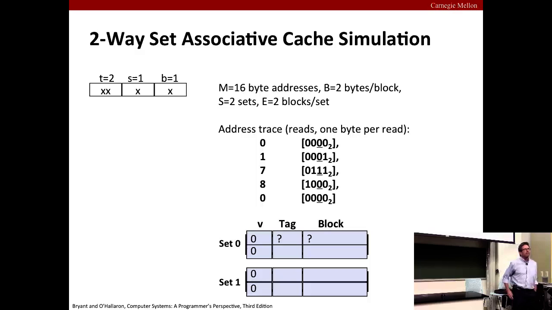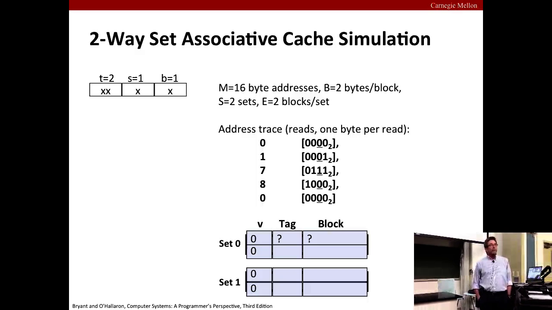Yes. Okay, the question is, what determines the block size? That's determined by the design of the memory system. So that's a fixed parameter of the memory system. When the Intel designers decided to put cache memories on their processors, they decided that the block size would be 64 bytes.